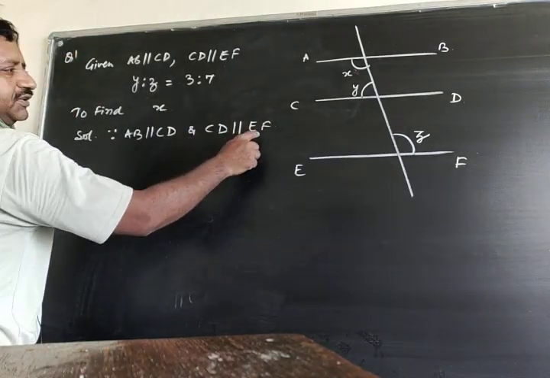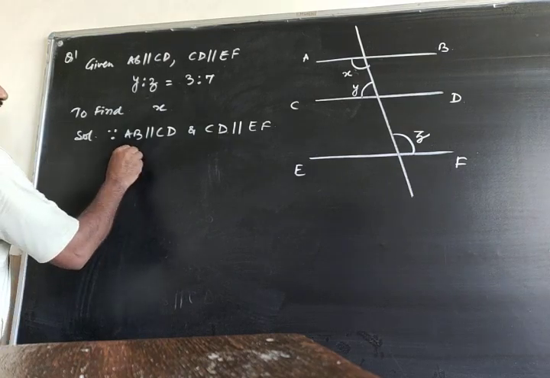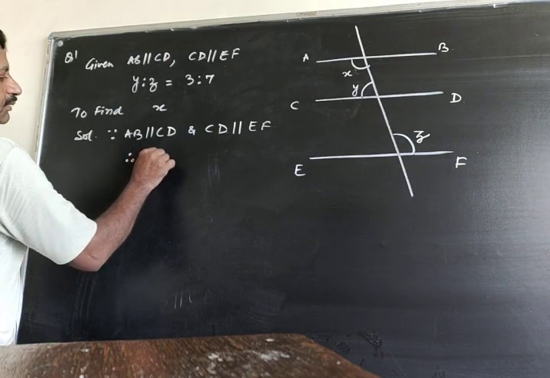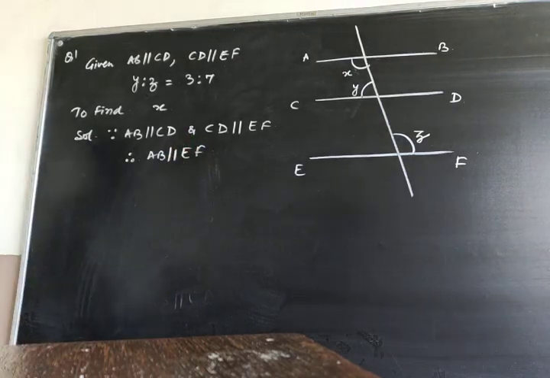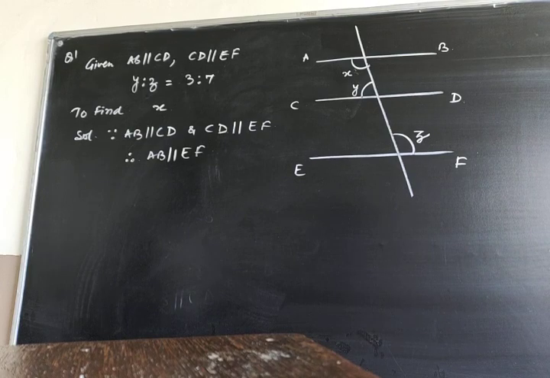It is because in geometry, this is the rule that if two lines are parallel to the same line, then those lines will be parallel to each other.